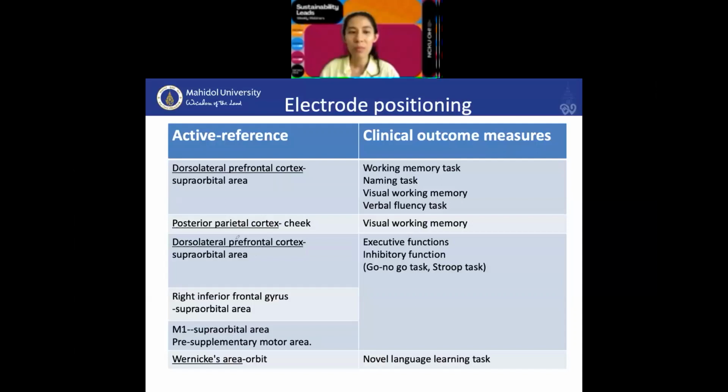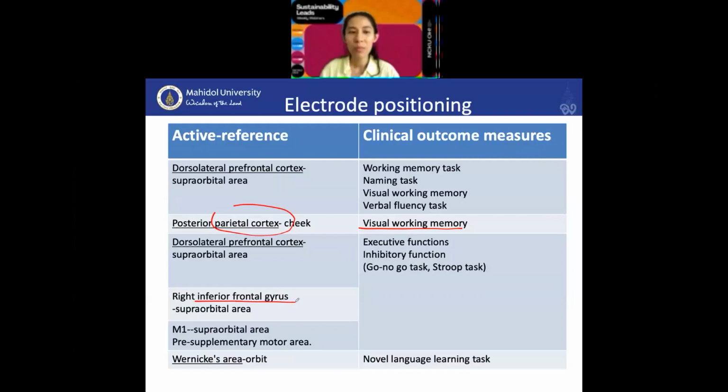And some people, if they would like to measure visual working memory, probably apply it over the parietal cortex. And for executive function too, you can apply over the LPFC, and also the inferior frontal gyrus.